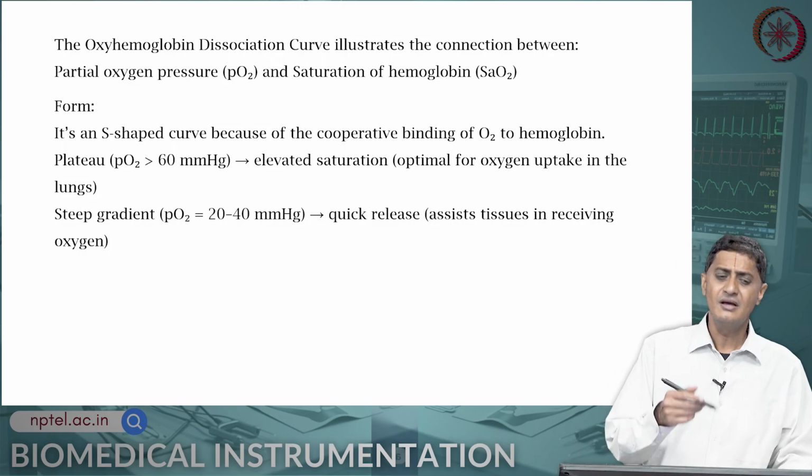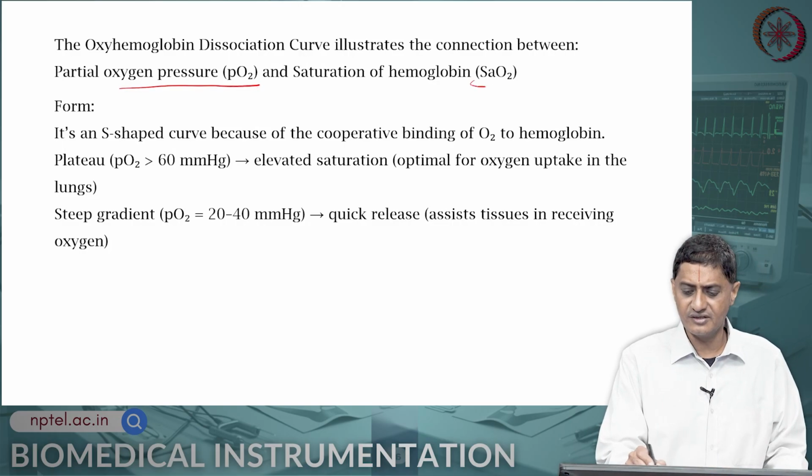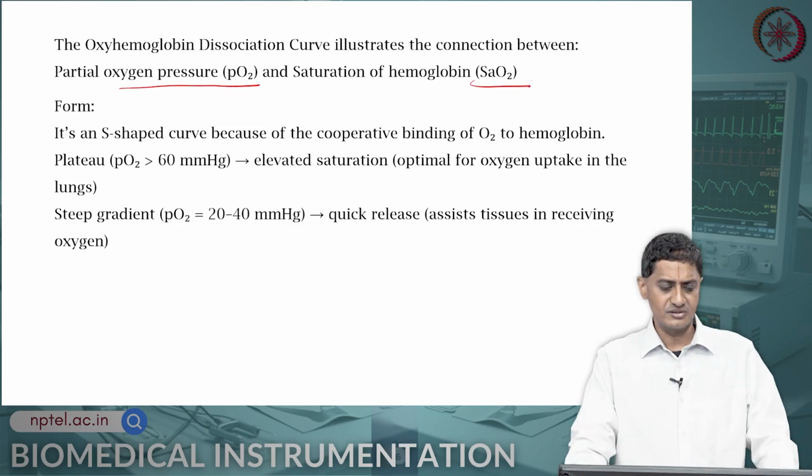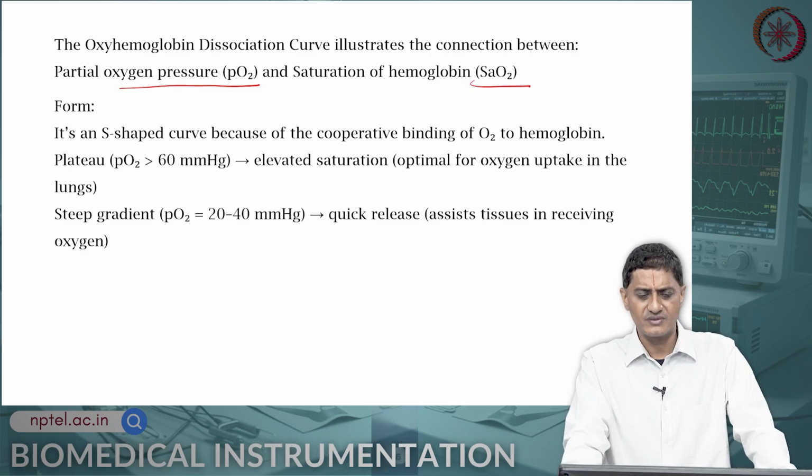It discusses the partial pressure of oxygen and the saturation of hemoglobin. It is of course an S-shaped curve because of the cooperative binding of oxygen to hemoglobin, and it plateaus when the pressure of oxygen is above 60 millimeter mercury.